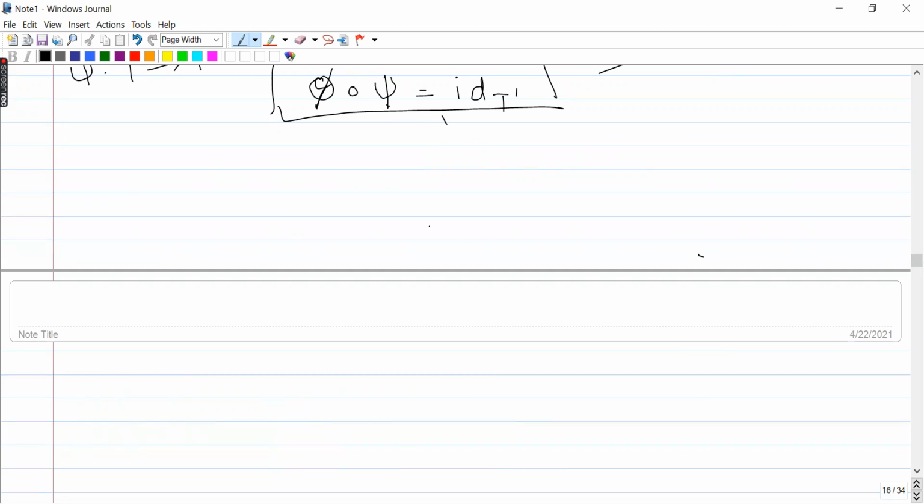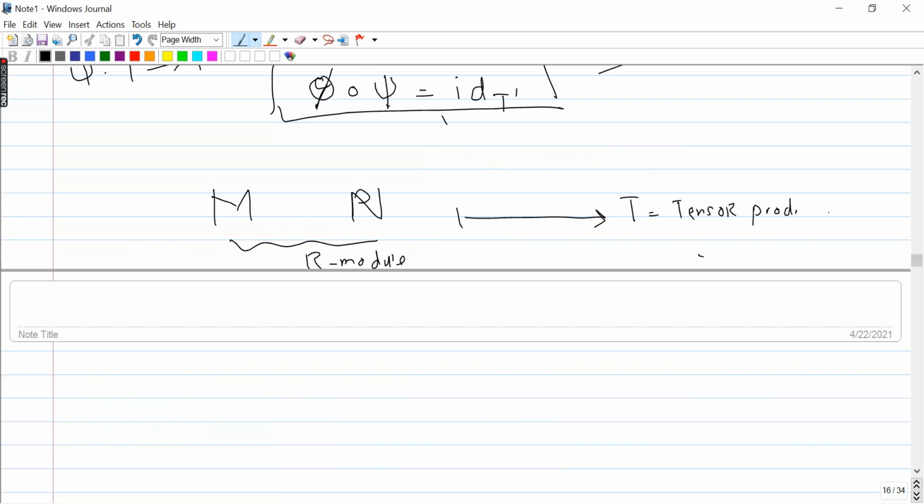So now we know that for R modules M and N, I can construct T, the tensor product of M and N. For this there is a very special notation.